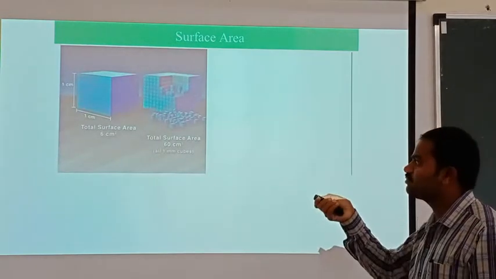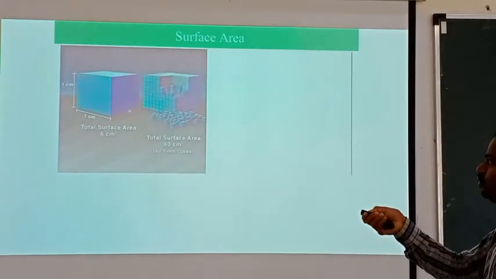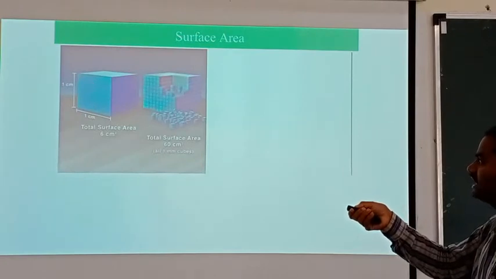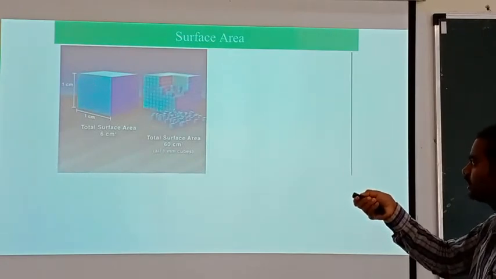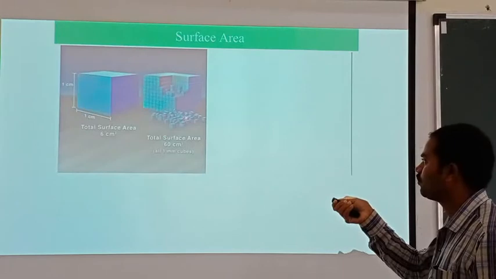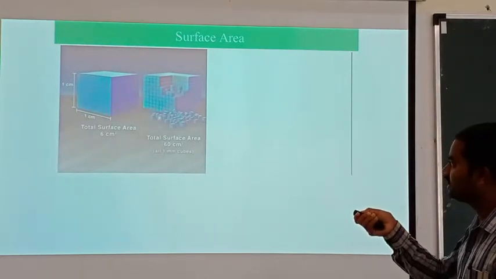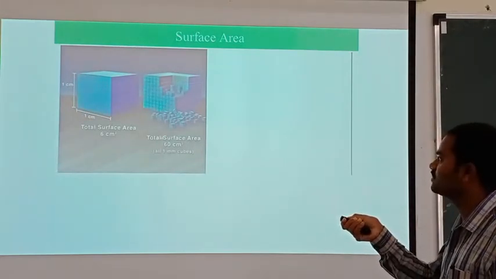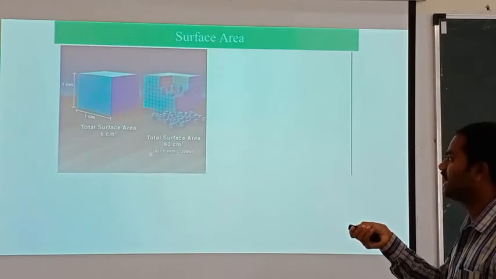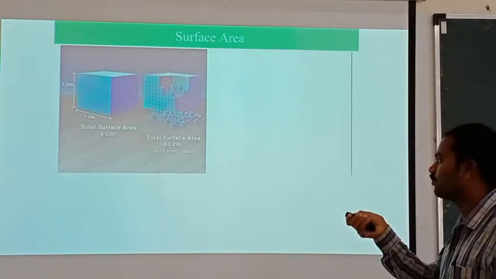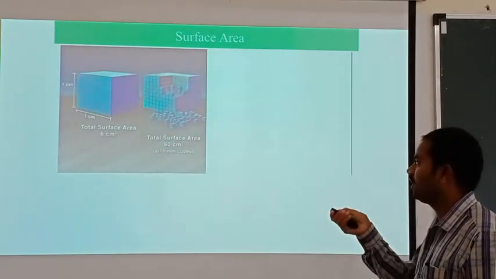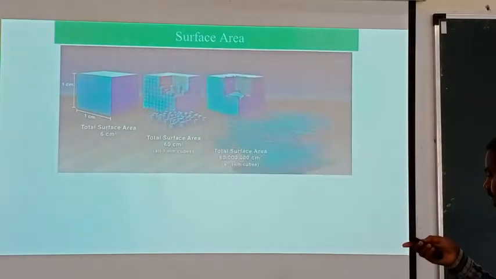When you cut this 1 cm by 1 cm cube into smaller cubes, each having the range of 1 mm, the total surface area comes to 60 cm².